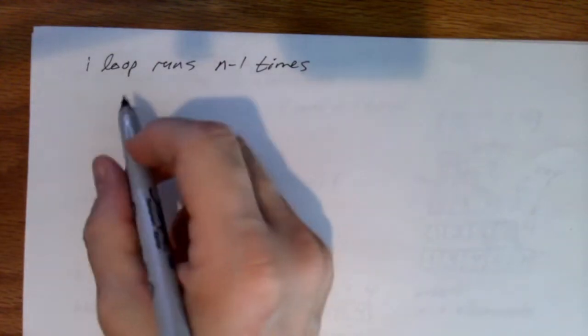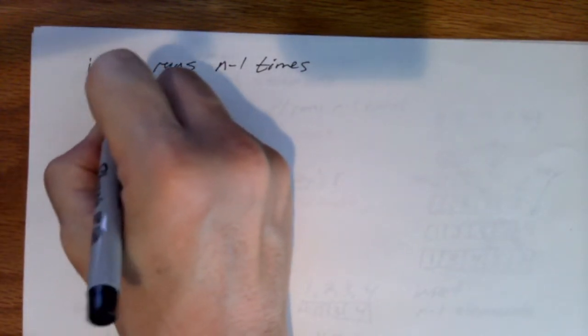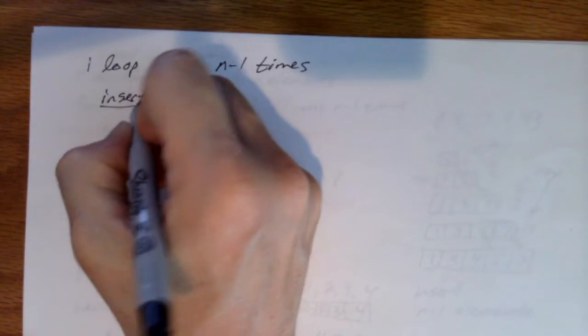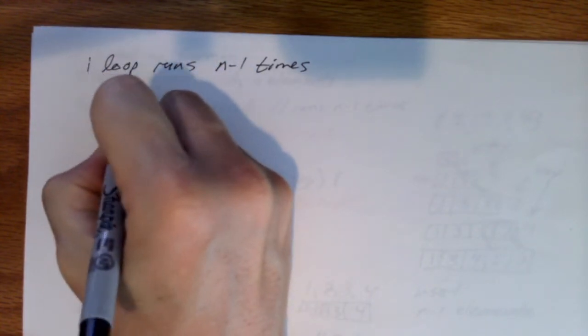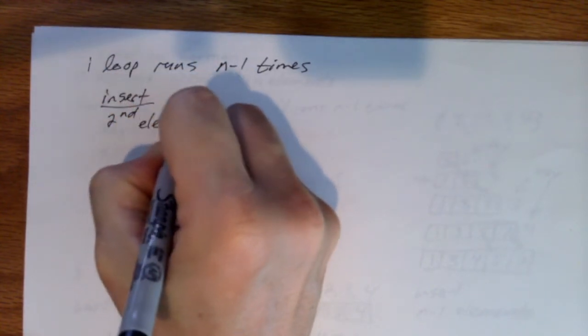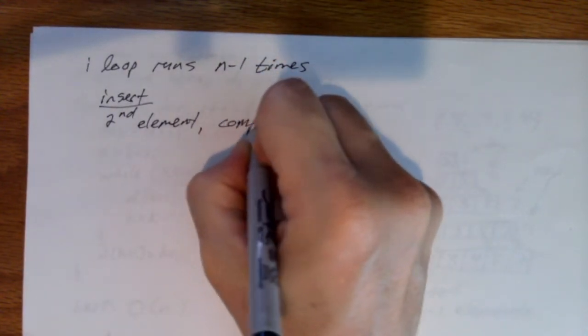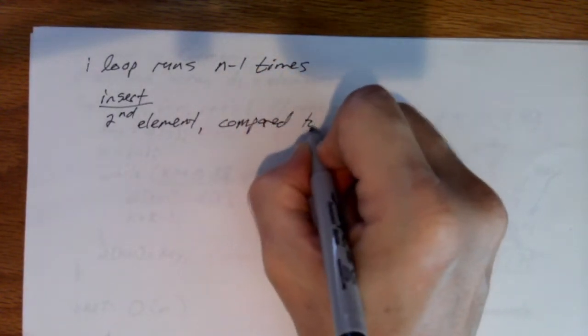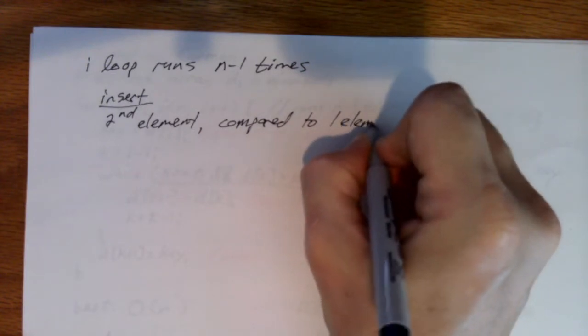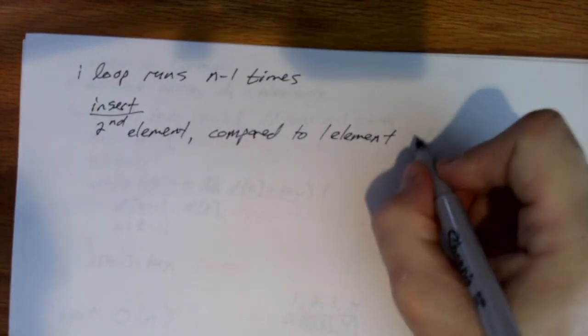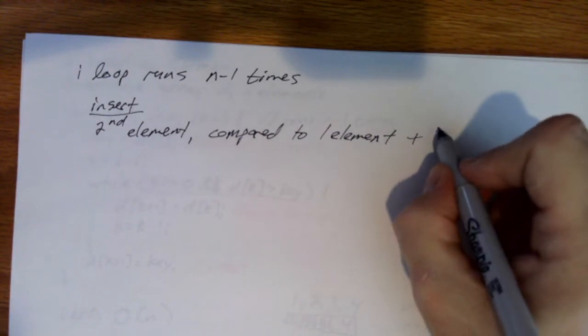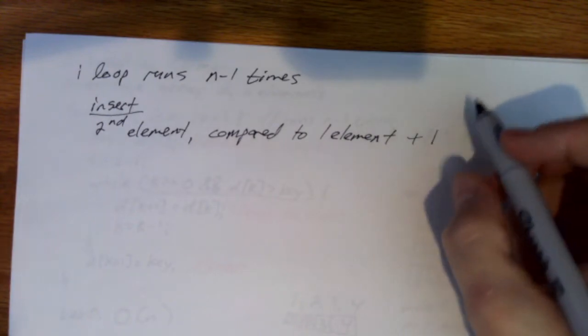And then what happens when we insert, so if we're inserting the second element, we compared to one element on the left, plus we had one additional comparison to stop.